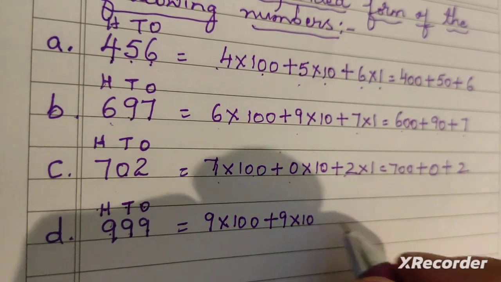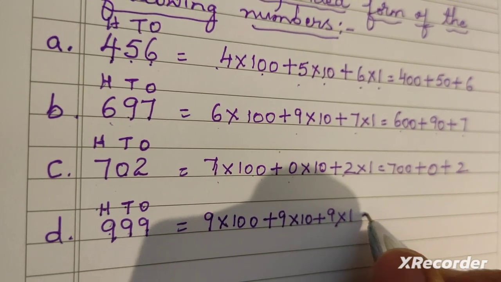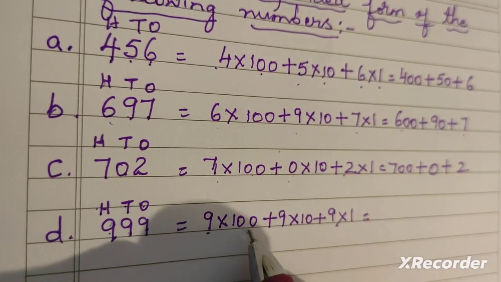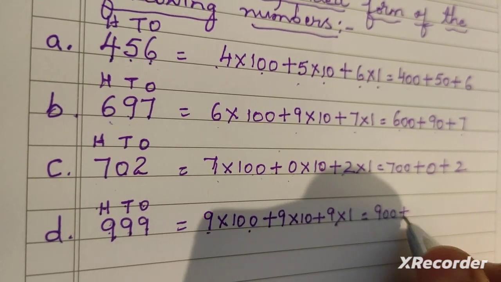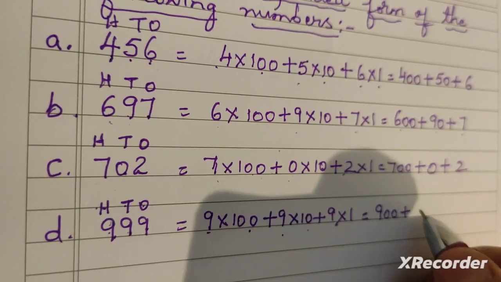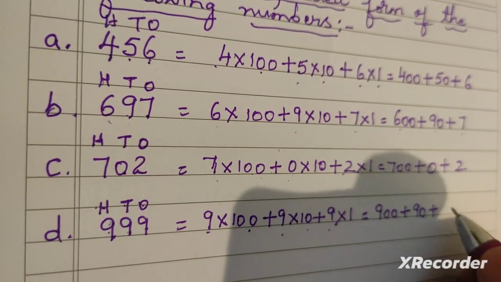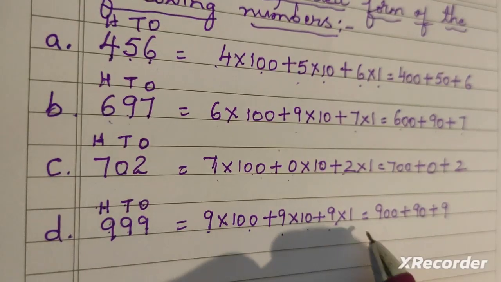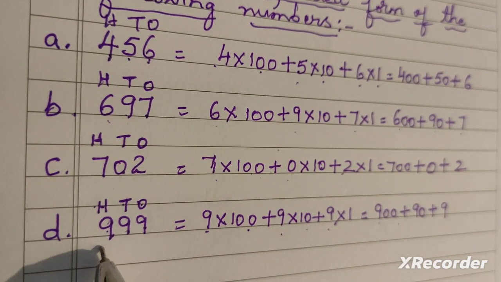Again 9 is in ones place plus 9 into 1. So 9 into 100 is 900 plus 9 into 10 is 90 plus 9 into 1 is 9. 999. The number is 999.